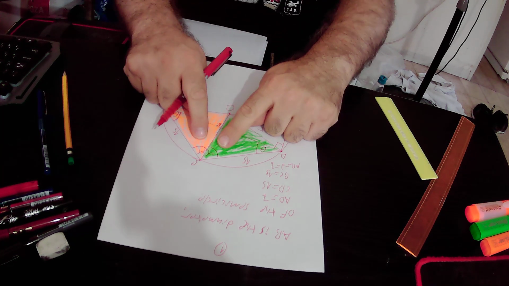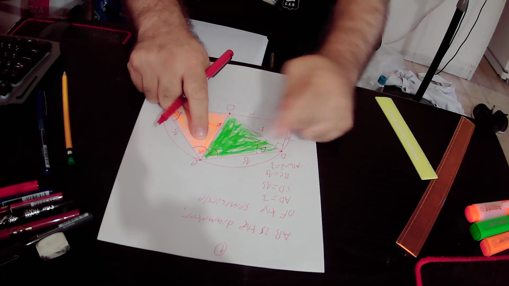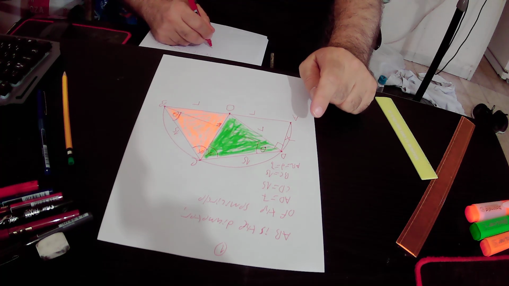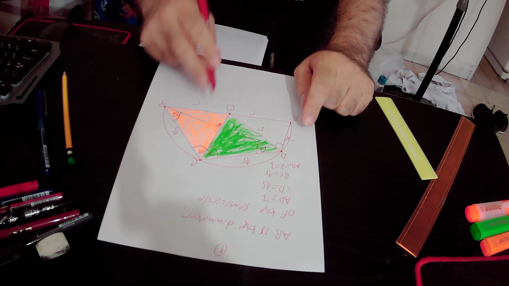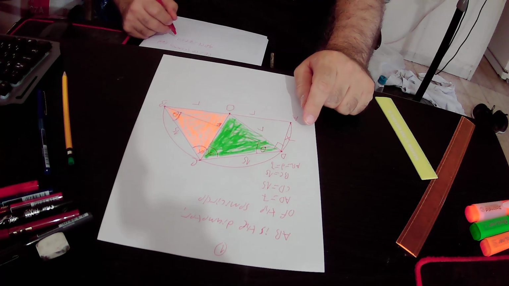And those two angles are also equal to each other. Both of those two angles are equal to alpha. So angle DCE in the green triangle is equal to angle ECB in the orange triangle. Both those two angles are equal to alpha.